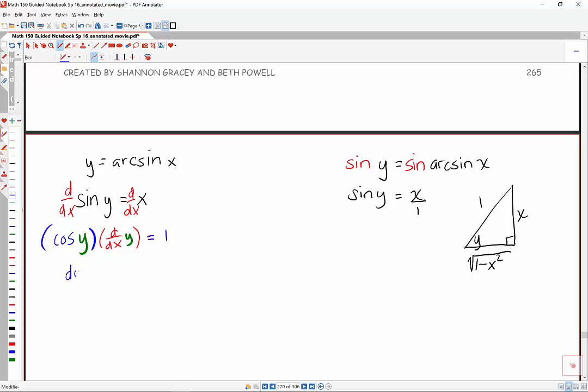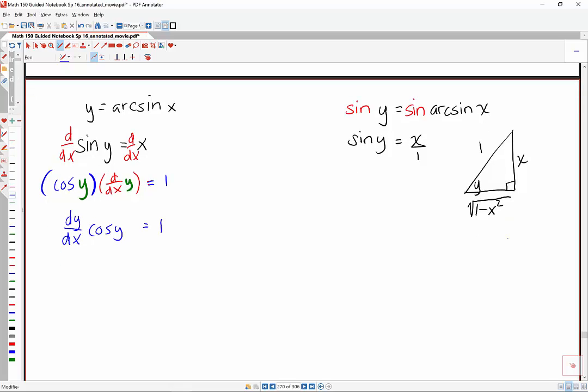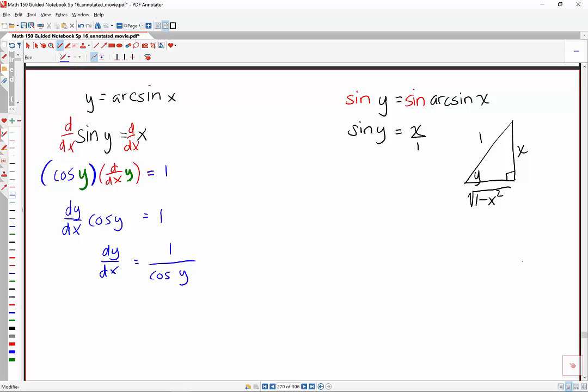So this will give us dy dx times cosine at y is 1. So isolating dy dx, we're going to get 1 over cosine at y.